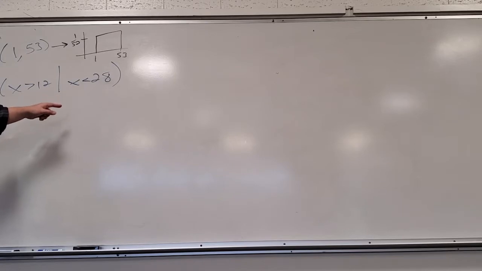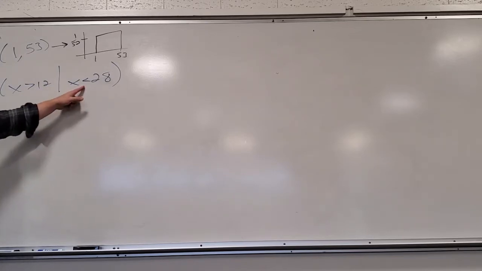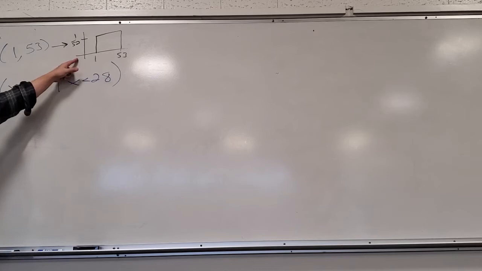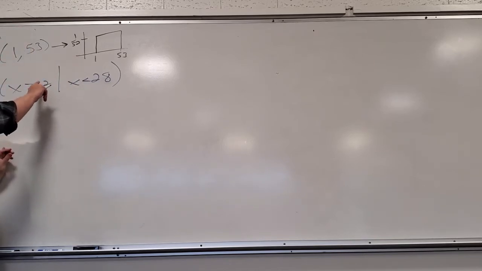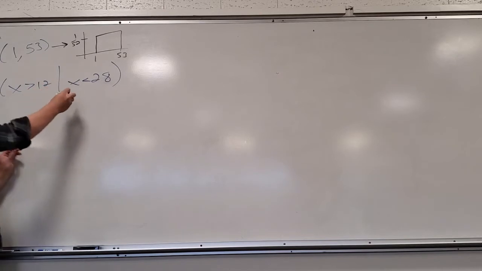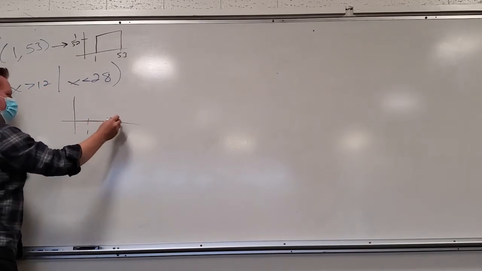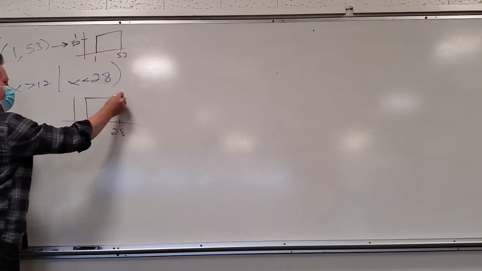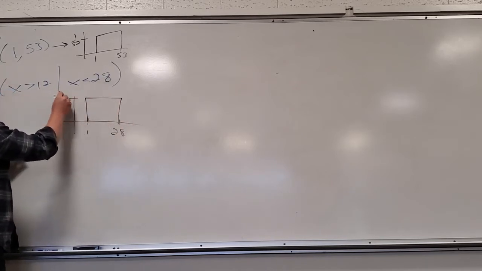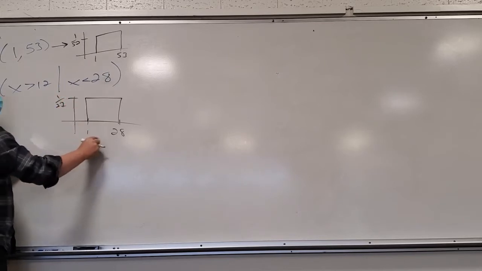It's got to be less than 28. So that picture no longer correctly describes the situation. What is it going to be now, from 1 to 28? So how tall is it going to be now? 127, because that's 27 across.